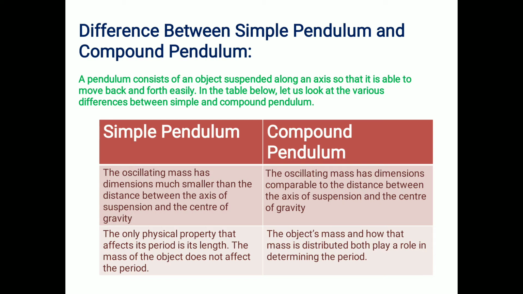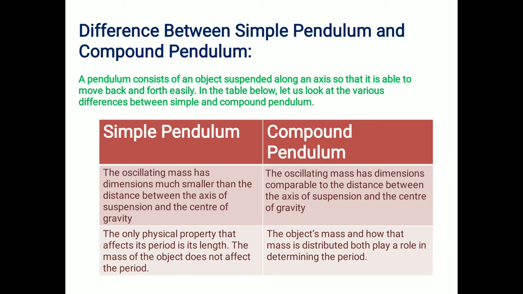So what will be the dimensions of that bob? Dimensions means like volume, then radius. As it is spherical in shape, the radius of that bob will be the dimension. So those dimensions are much smaller than the distance between the axis of suspension and the center of gravity.